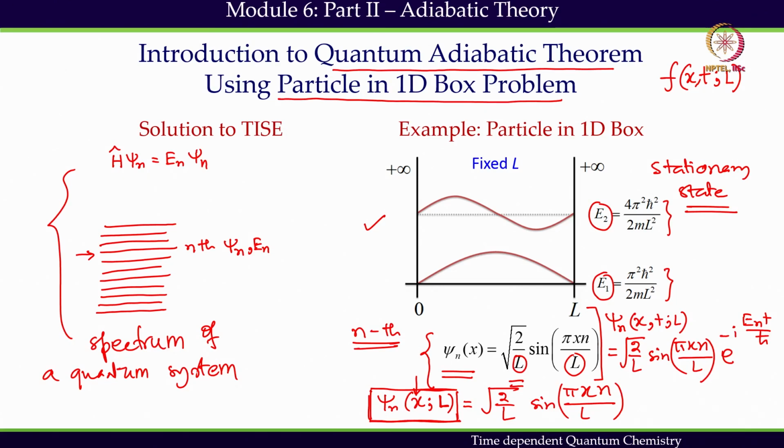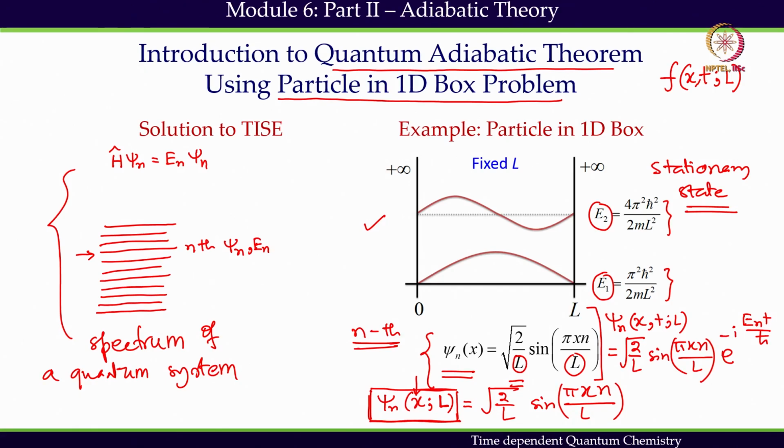We can maintain the notational accuracy with the help of this, where E_n denotes the energy of the nth stationary state of the particle. So what we see from this expression is that the time dependence comes entirely from this time dependent phase factor.